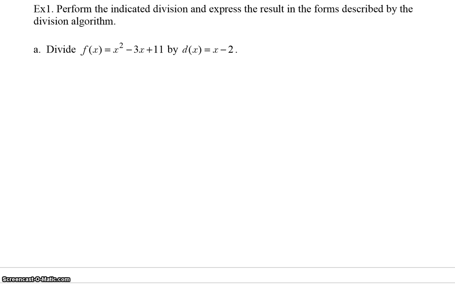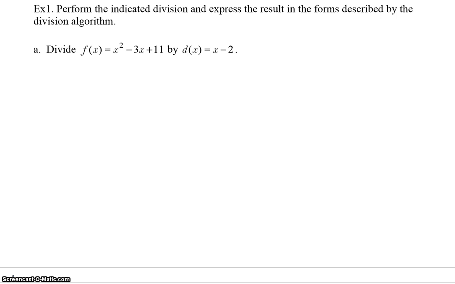Let's now see how the division process actually works with a specific example of division. Perform the indicated division in example 1 and express the result in the forms described by the division algorithm. So in part A, we want to divide f of x equals x squared minus 3x plus 11 by the divisor d of x equals x minus 2.